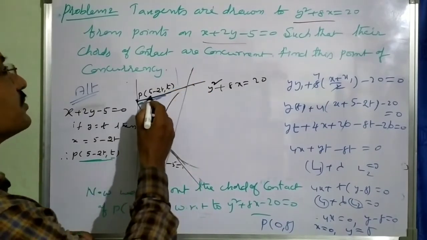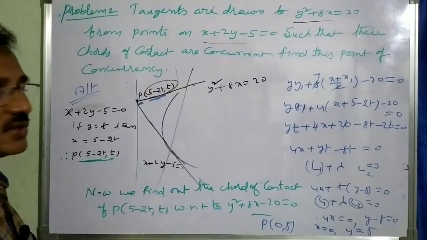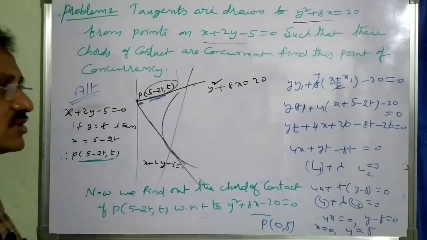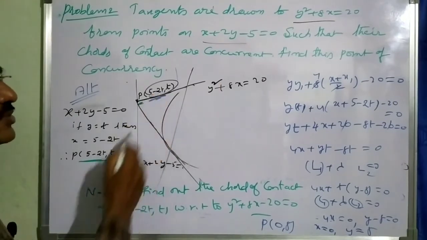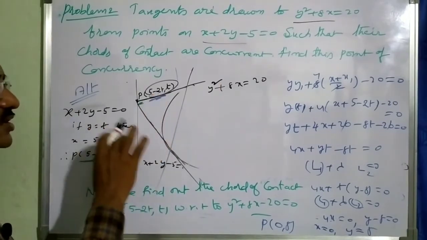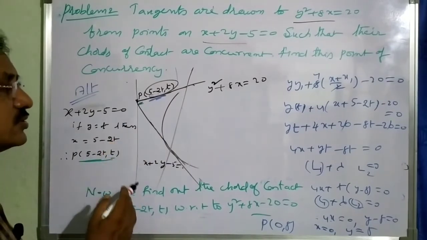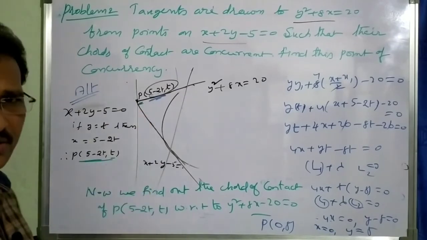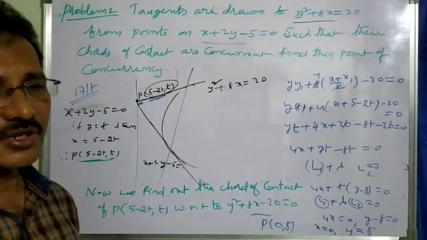Since it is a parametric point, many points exist on this line. By changing the value of t, we get many points. Suppose t is equal to 1, we get (3, 1) as a point. For t is equal to 0, (5, 0) is another point. All the points on this line exist by taking various values of t, the parameter.